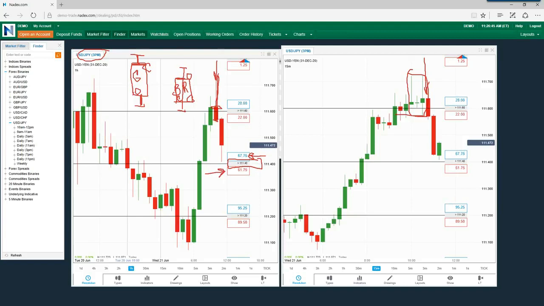Where does price open? At 11 o'clock in the morning, the bar starts at 11 o'clock. Where is the open? And the close of one bar could be, for example, 1:11:45, and on the next bar it would be 1:11:50. That's a gap.